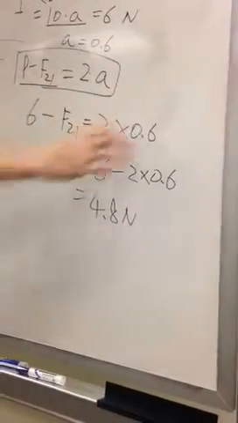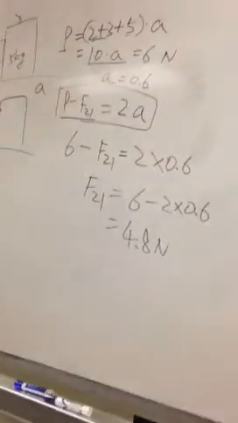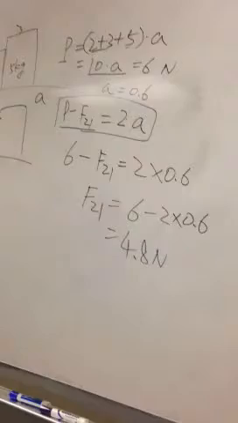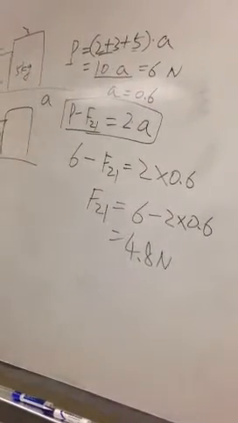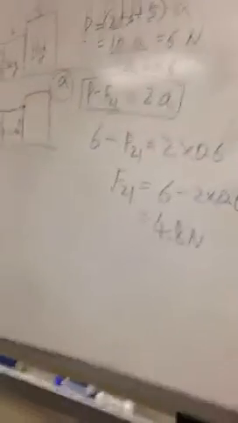If you solve this equation, you get the force is 4.8 Newton. Okay. The only thing is, remember all of them share the same acceleration. So these two are similar kinds of questions.